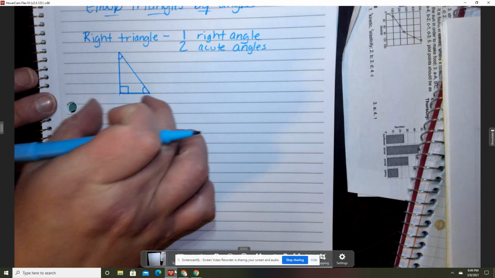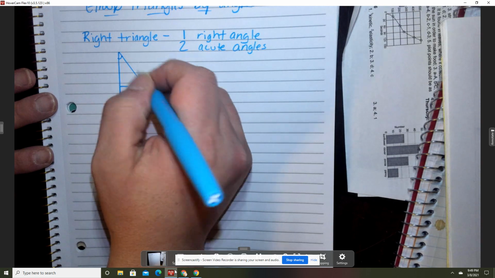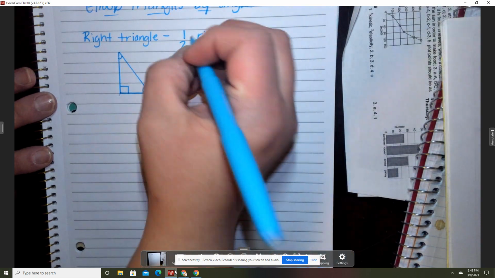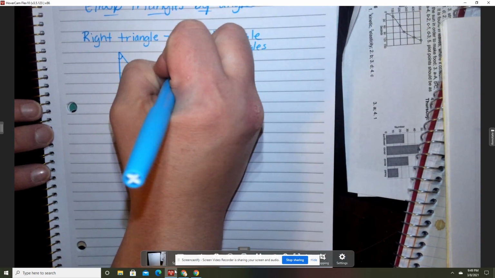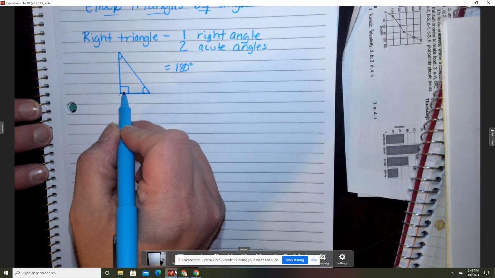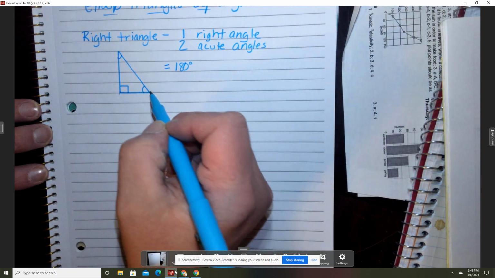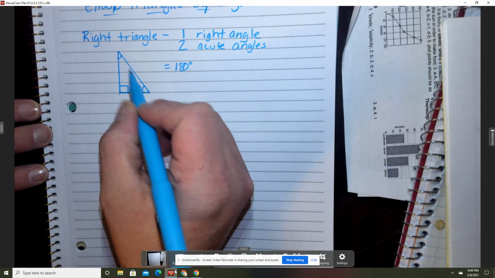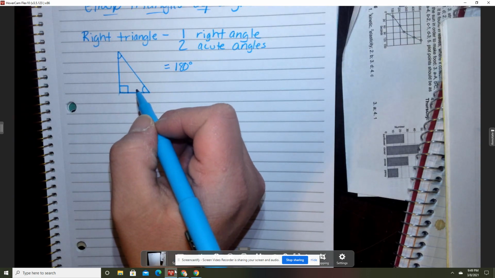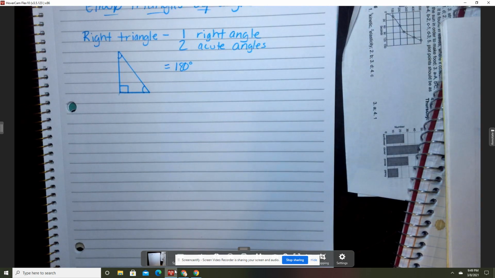All right, so inside of a triangle, there are angles. And those angles, remember, are measured in degrees. So when they are degrees, they're going to add all up. Inside of a triangle, every angle inside of it is going to equal 180 degrees. So if this is 90 degrees, then we could figure out that the other two angles have to share 90 degrees, if that makes sense.